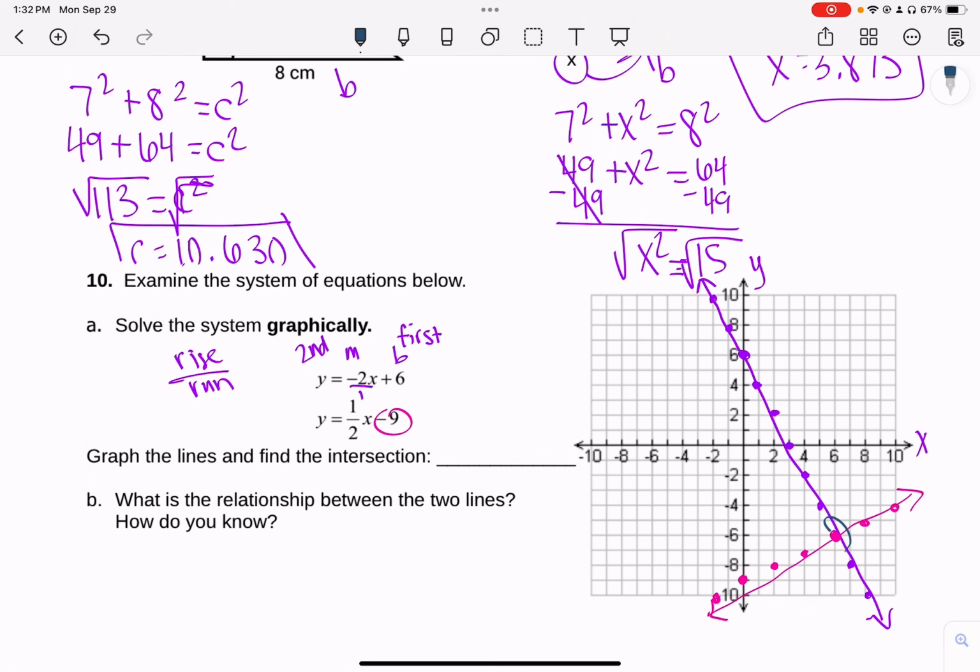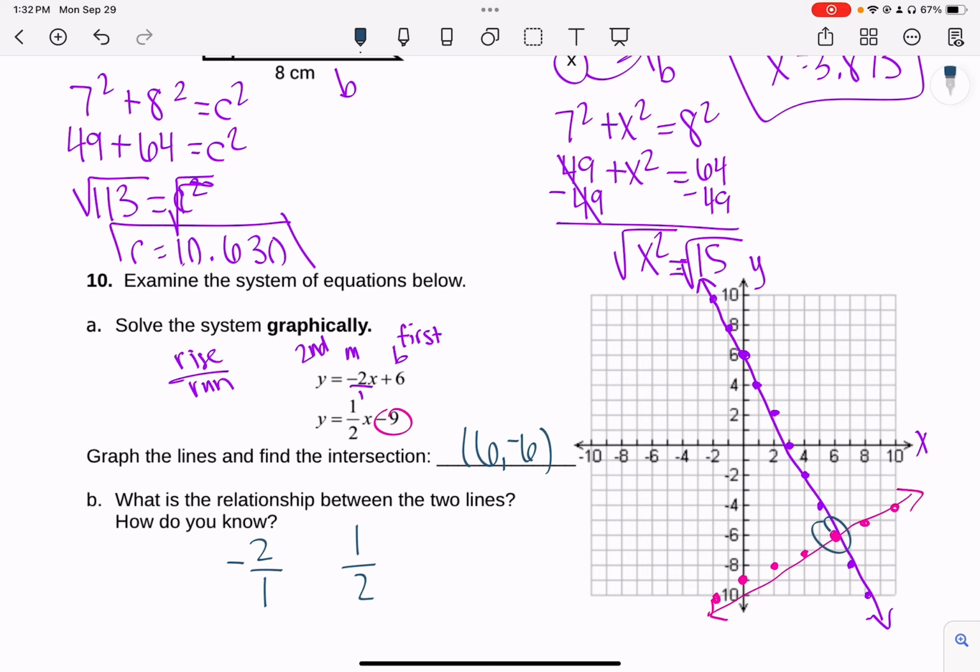They cross right here, which is going to be at (6, -6). But make sure you're actually graphing that part. And then it says, what is the relationship between the lines? How do we know? So they definitely cross, but we're going to see, do they cross in a special way? The special way that we're going to determine is if it's giving us a 90 for sure or not.